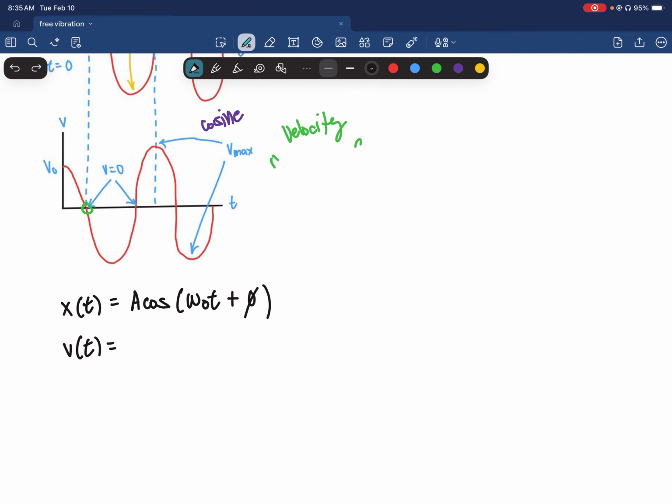So, multiply natin siya. So, we have omega naught A, which is sine, of omega naught t plus phi.